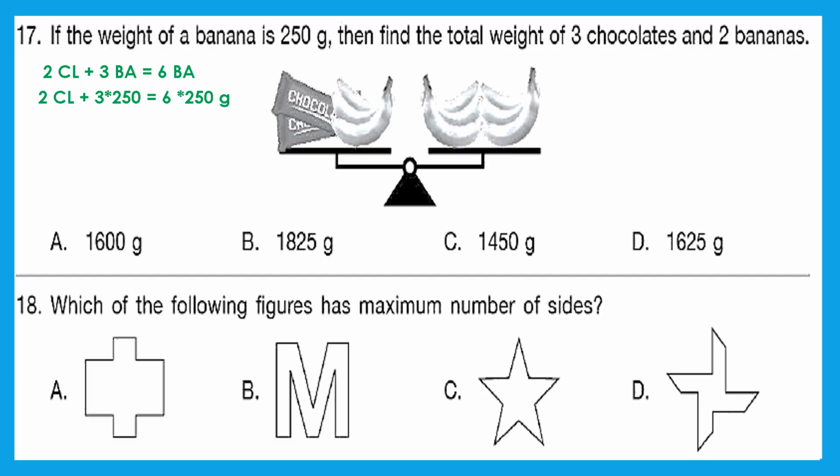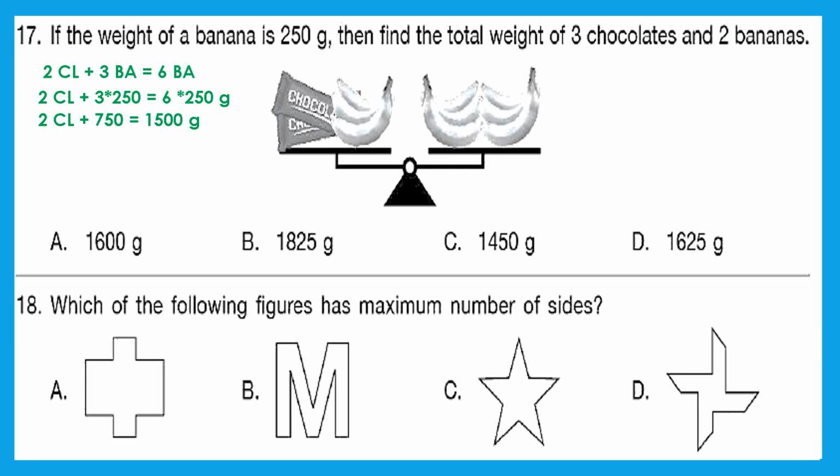Now let's convert the bananas because we know 1 banana's weight. So we will put it in the equation. 2 chocolates plus 3 into 250, because 1 banana weighs 250. So 3 bananas will weigh 3 into 250 equal to 6 into 250 grams. I hope you are clear. Then we will solve it.